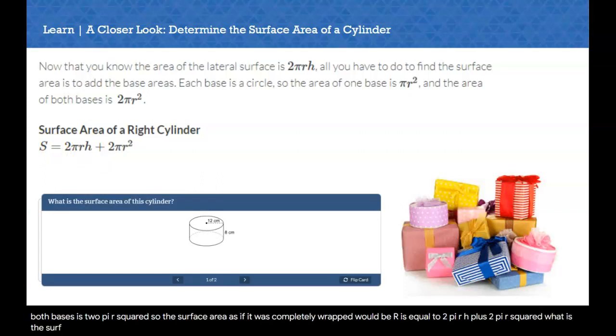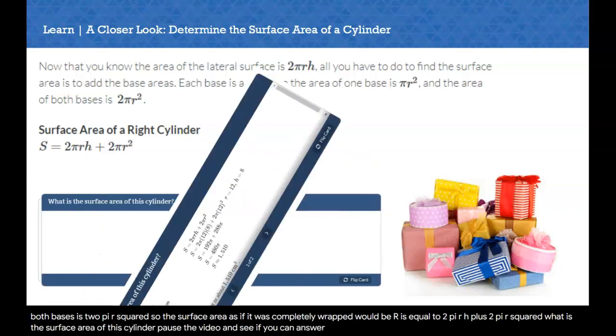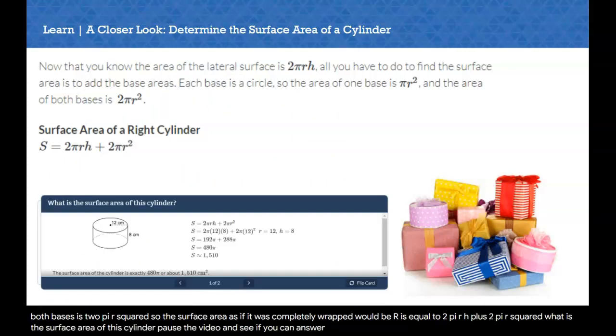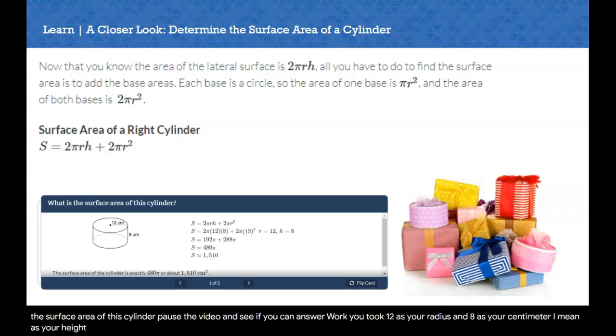What is the surface area of this cylinder? Pause the video and see if you can answer. Nice work. You took 12 as your radius and 8 as your height. You did 2 times pi times 12 times 8 plus 2 times pi times 12 squared.